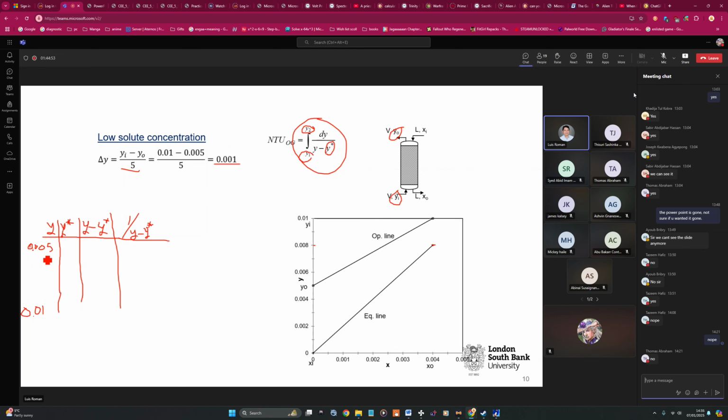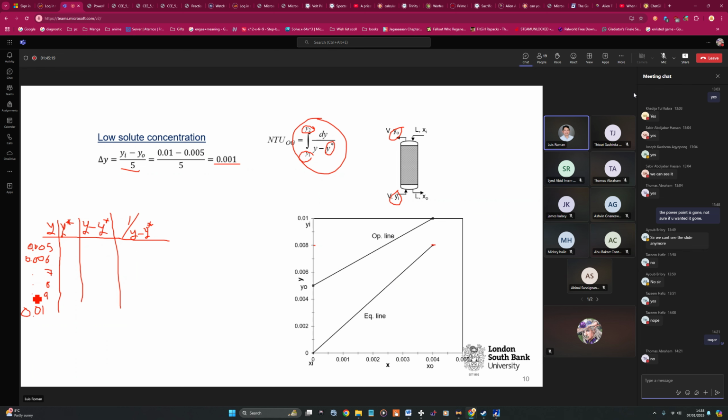So 0.005 plus 0.001 is 0.006. The next point would be 0.007, 0.008, and next 0.009, and then 0.01.